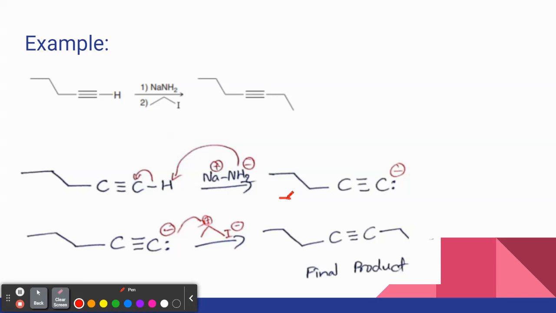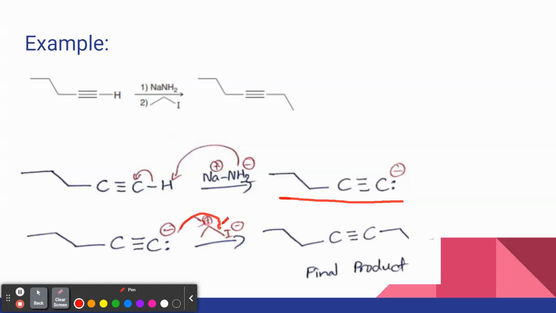In this case the alkynide ion acts as a nucleophile and is going to attack the ethyl.